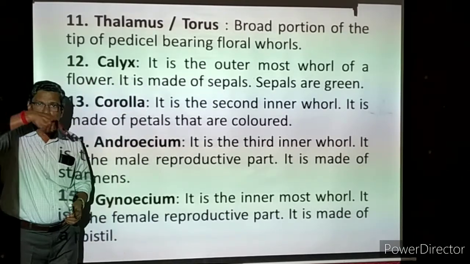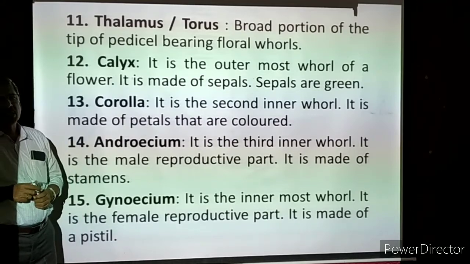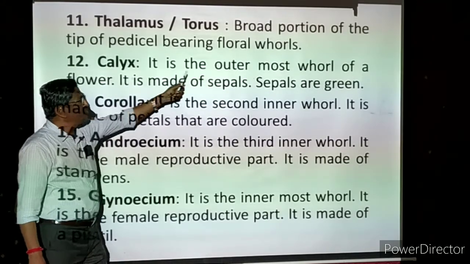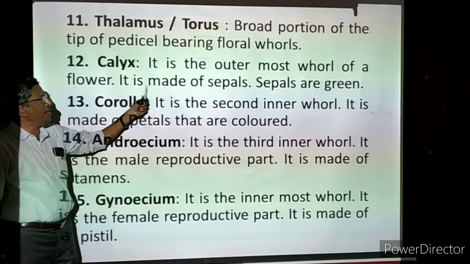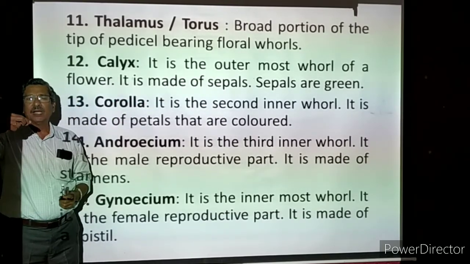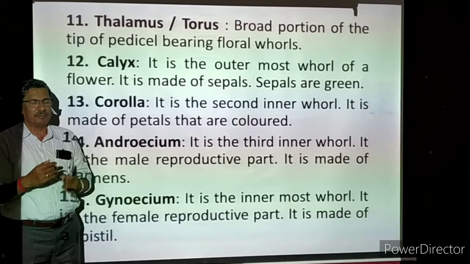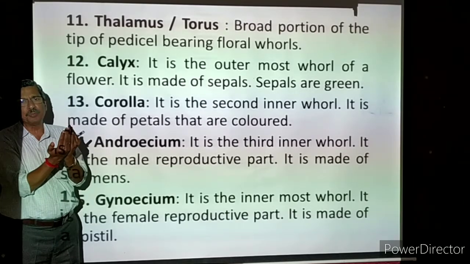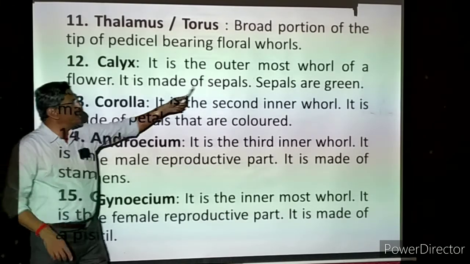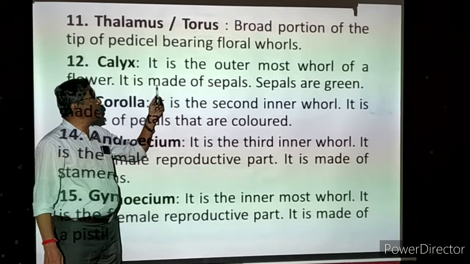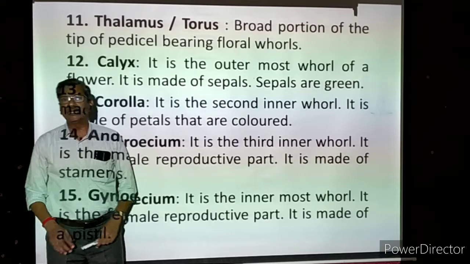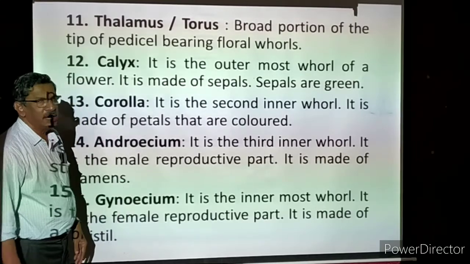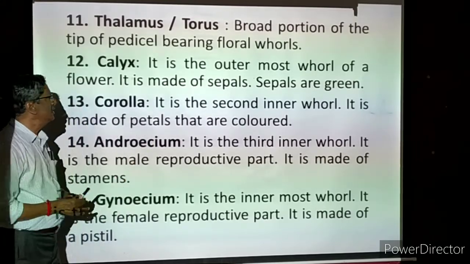Whorl means one circular arrangement of the flower. It is made up of sepals. If you see that, a number of small divisions will be there. They are all fused together, margin to margin. Each one is called a sepal. So it is made up of sepals. Generally the sepals are green in color, in the majority of flowers.